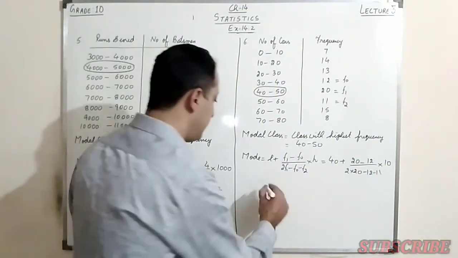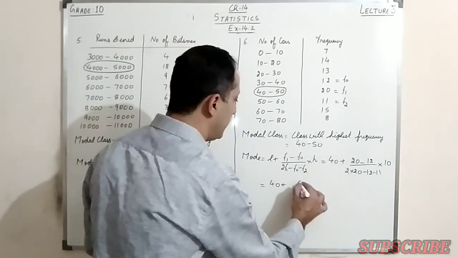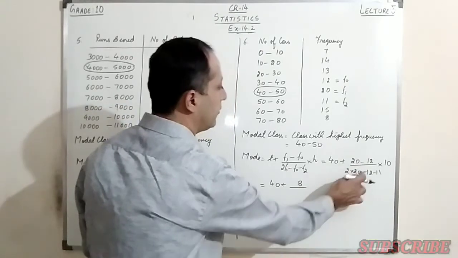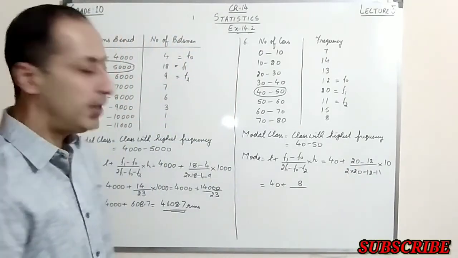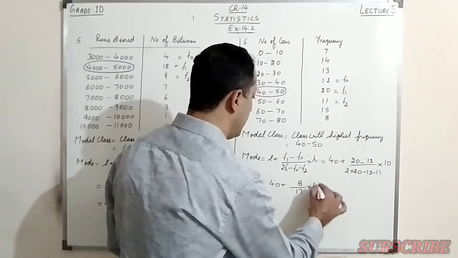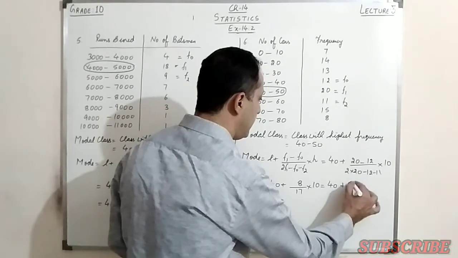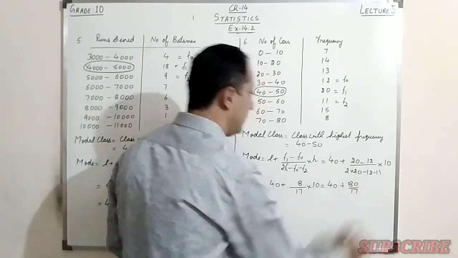Now let's simplify this. This is 40 plus 8 in the numerator after subtracting, and this is 40 minus 23, and we get it as 17, multiplied by 10. So this is 40 plus 80 upon 17.